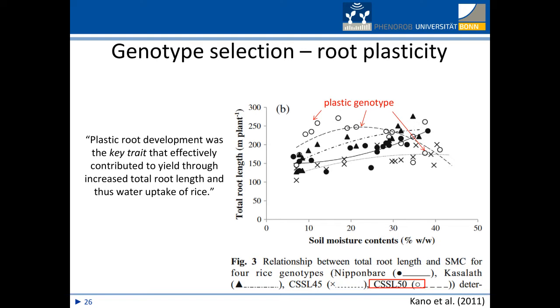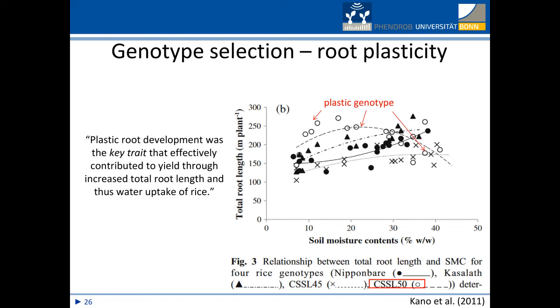We have learned before that an enhanced root length is favorable in case of dry conditions. And an enhanced root system and deep roots are a waste of carbon in wet conditions. For 3 of the genotypes, the total root length increases with increasing soil moisture content.